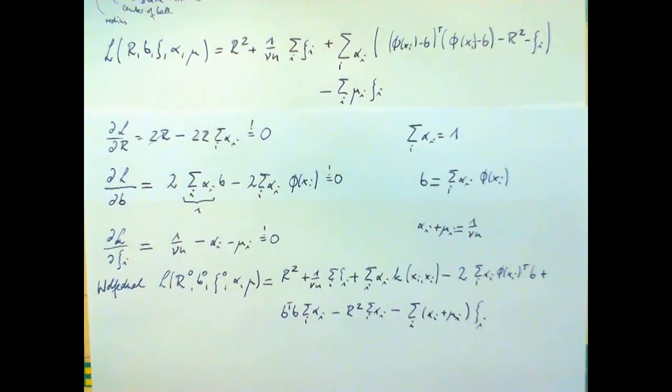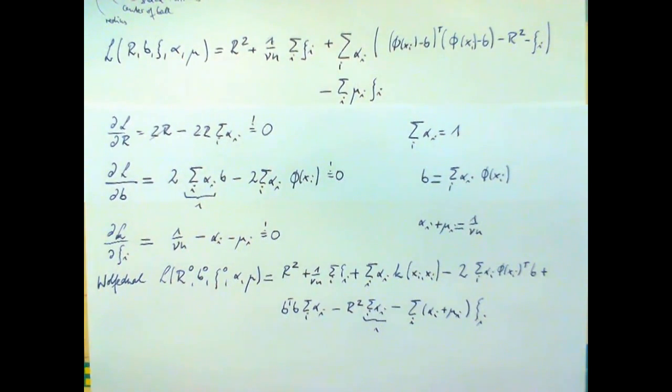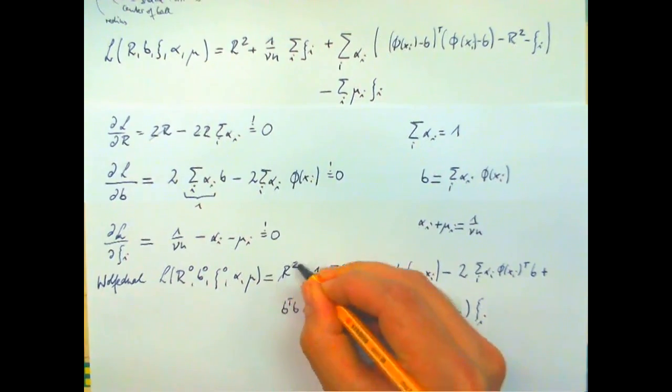Okay, like last time, we will find quite a few things to simplify here. So the sum over i of alpha_i was 1, and then I can cancel here this R squared term.